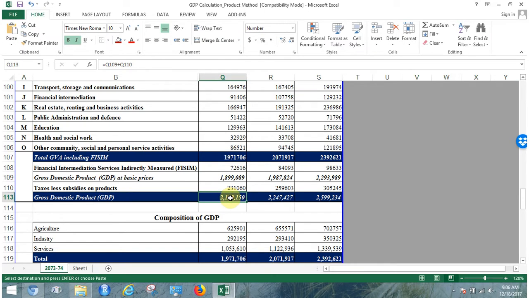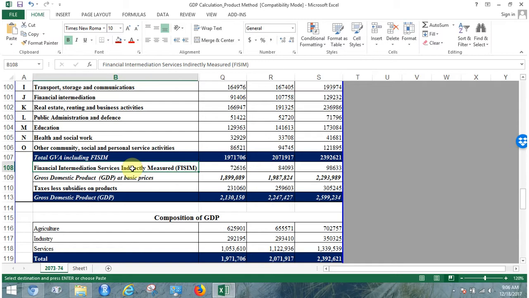The first one is the financial intermediation services indirectly measured, and the second one is the taxes and subsidies. The financial intermediation services indirectly measured is the valuation of the services that are rendered by the financial institutions in all of the 15 subsectors.